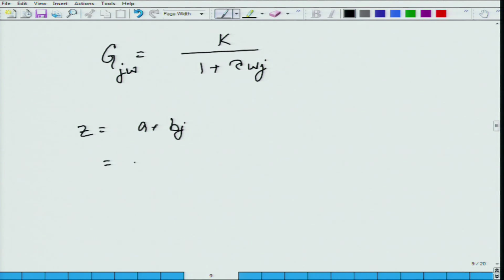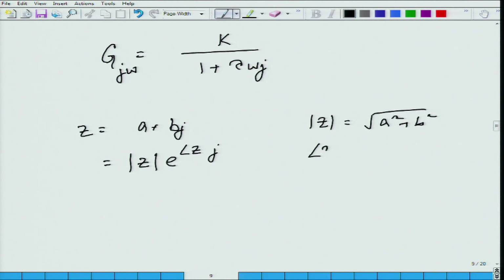It could also be represented as magnitude of z times e to the power angle of z times j, where magnitude of z is equal to square root of a square plus b square, and angle of z is equal to tan inverse b by a. I am assuming both b and a are positive. If they are not, then you will have to think which quadrant it is and then adjust the sign.